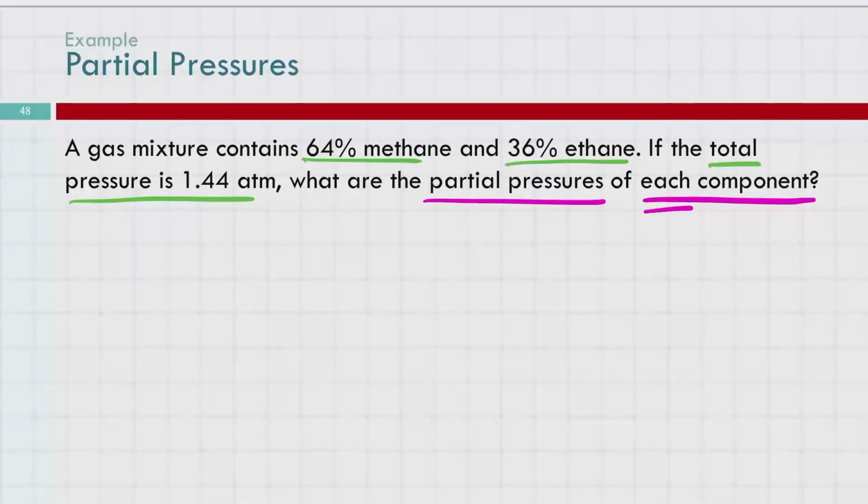So we're looking for two partial pressures, one for methane, one for ethane. What are some things that we're given? We're given total pressure. Total pressure is P sub TOT, 1.44 atm.